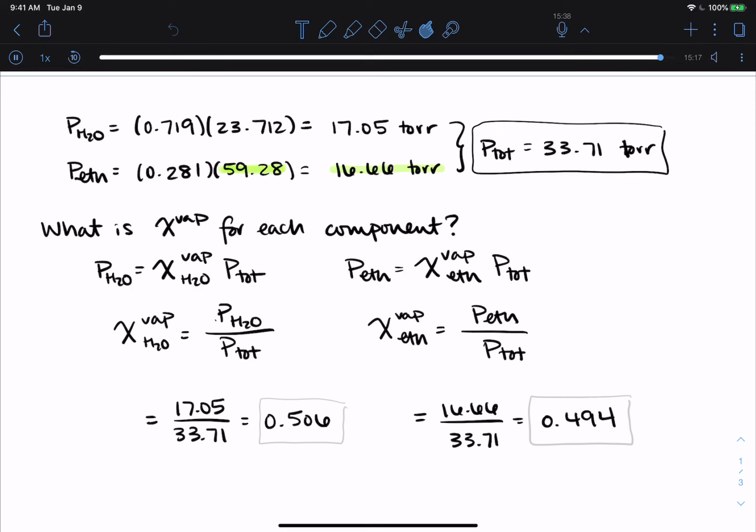So even though water made up a bigger mole fraction of the liquid, because it is so much less volatile than the ethanol, the mole fraction in the vapor is much different. And our partial pressures were pretty close to each other, so these mole fractions are actually pretty close to each other.